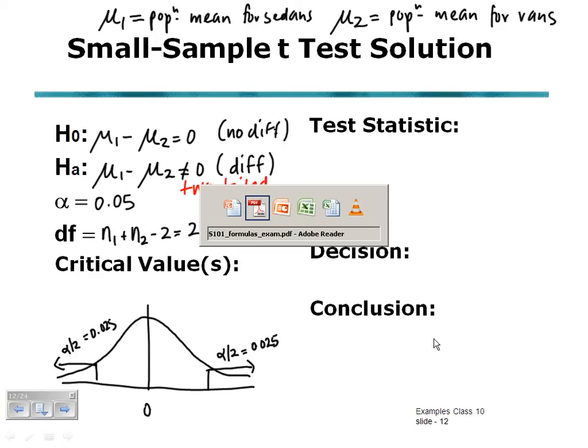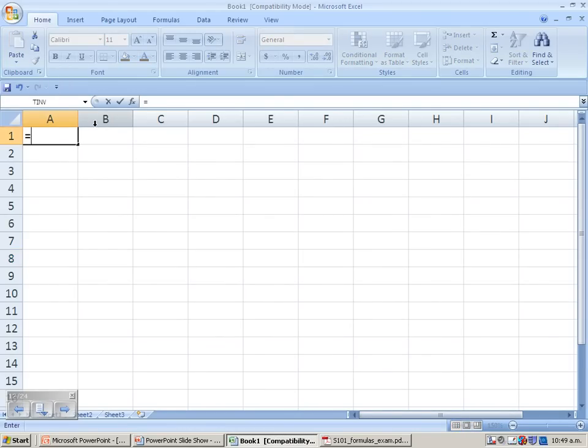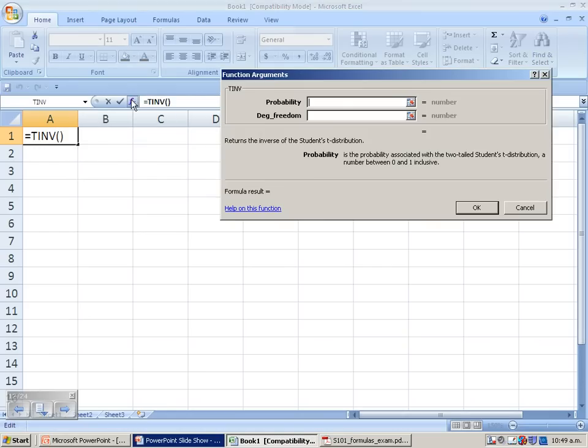Remember, we're looking at 42 degrees of freedom, and Excel requires in the TINV critical value for the t-table a two-tailed probability, and this was a two-tailed test, so here we can put in 0.05, and the degrees of freedom was 42.